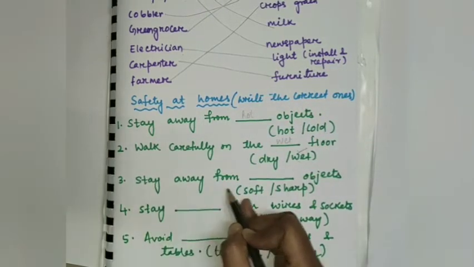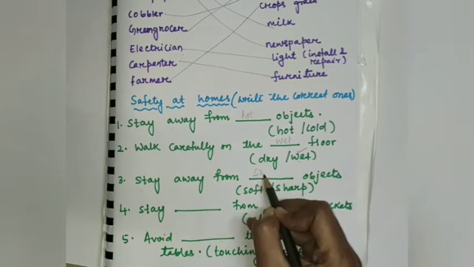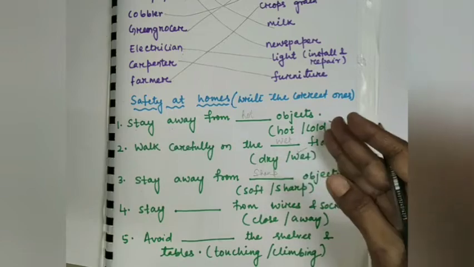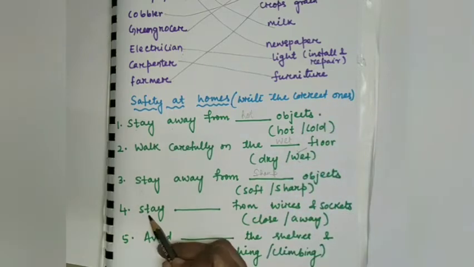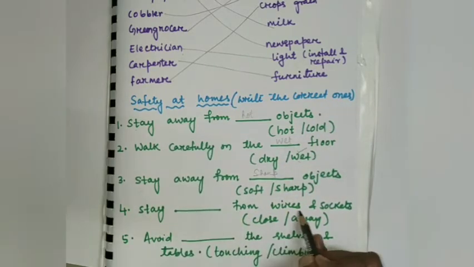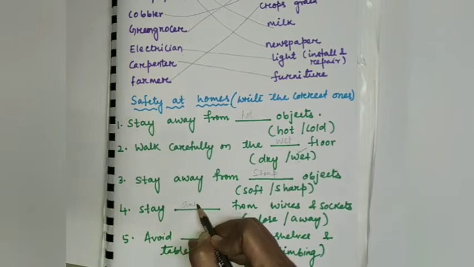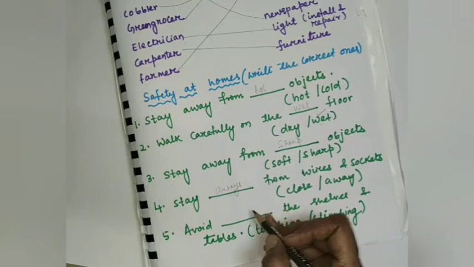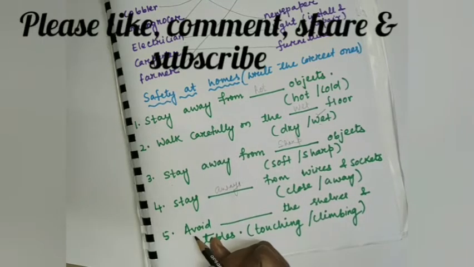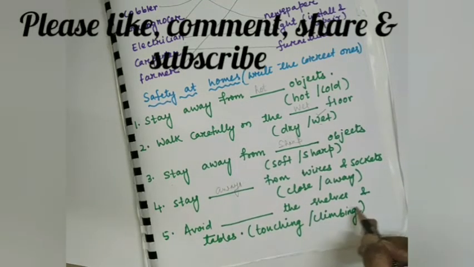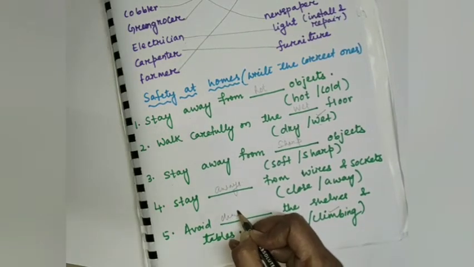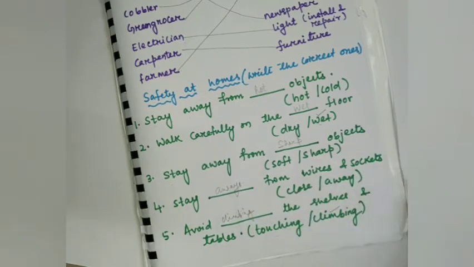Then stay away from sharp objects, because there is a chance of getting hurt. Then stay away from wires and sockets. Then avoid climbing on desks, shelves and tables, because there is a chance of falling, that's why we should avoid climbing tables and shelves.